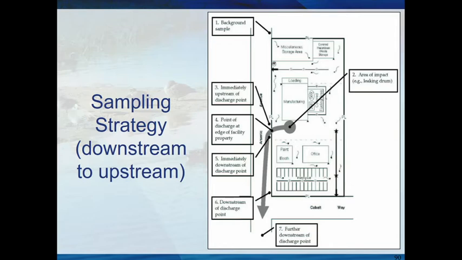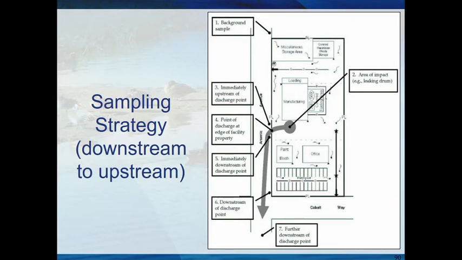What you don't want to do is start at the most contaminated and potentially disrupt something and have that travel downstream, especially if it's sediment. It's very difficult to take a sediment sample without disrupting it and having some float downstream. So work toward the most contaminated area, and also, as shown in item number 1, make sure you understand what the background is.